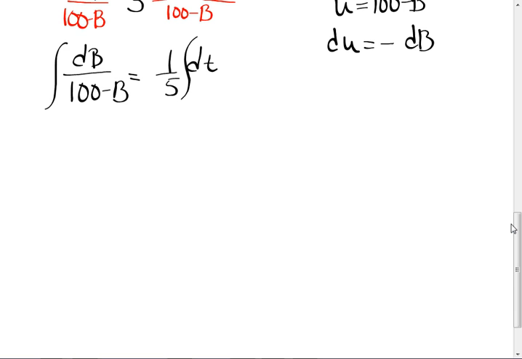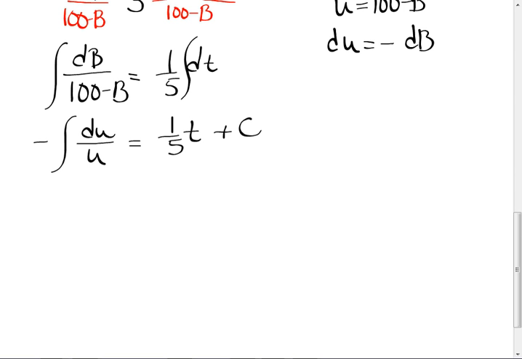I graded it. So it's going to be minus du over u equals, what's the antiderivative of the right side? 1/5 t, plus c. So you get your point for c even if I mess this up.